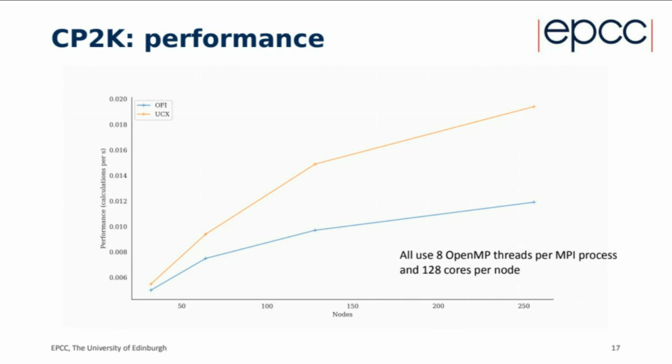In this case, all of them used 8 OpenMP threads per MPI process, and all 128 cores per node were used for either threads or processes. So in this case, UCX is making a large difference to the performance.